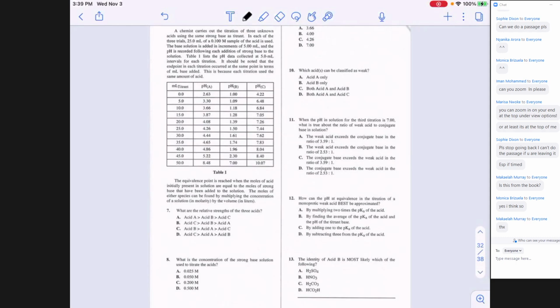If you think about it, the lower the pH, the stronger the acid, right? From when we start, even if you are a weak acid to begin with. So it should be B, A, C in that order. If you just look at the 0 ml titrant line, you can figure that out.